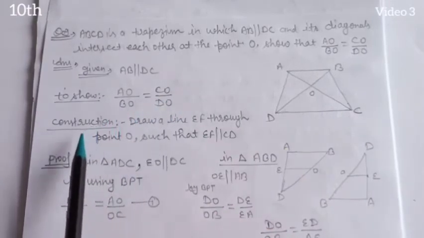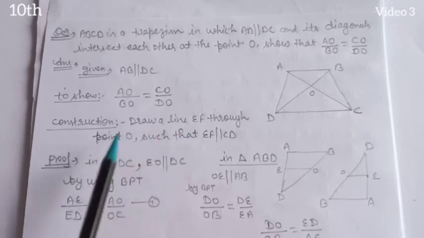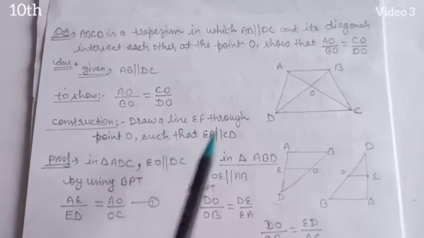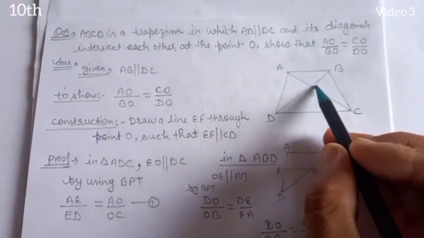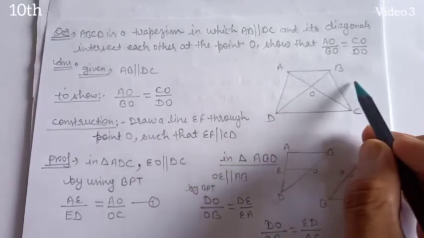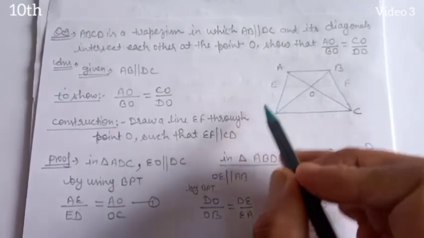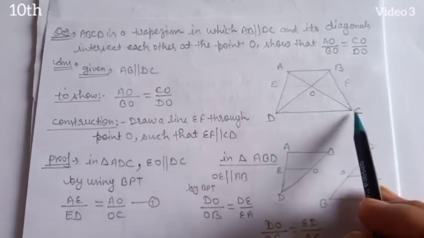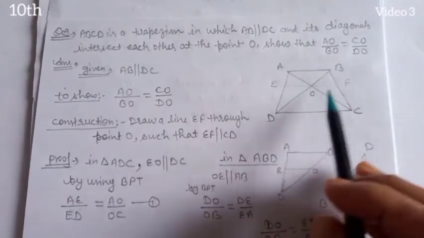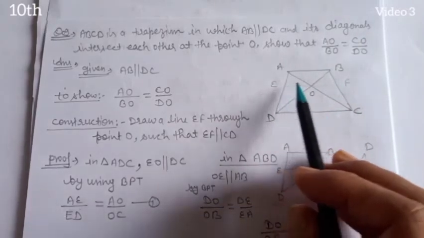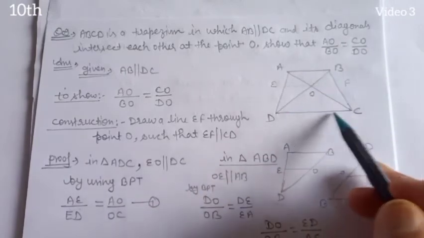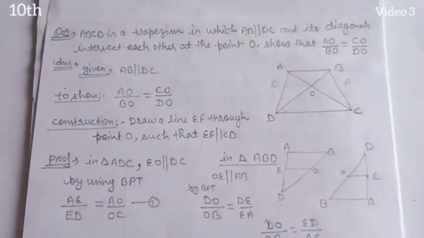Now the construction: draw a line EF through point O such that EF is parallel to DC. As you know, if EF is parallel to DC, then EF is parallel to AB also, because DC is parallel to AB.